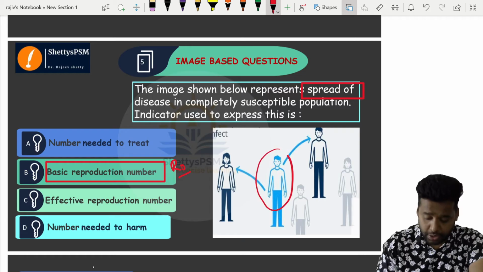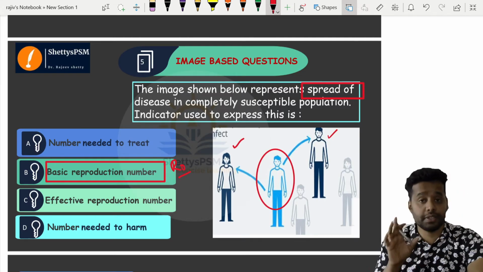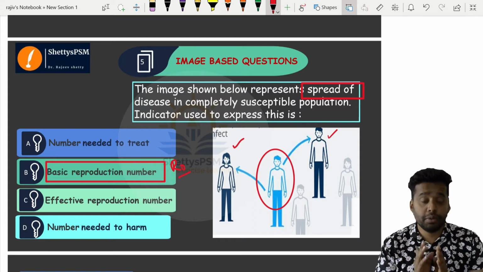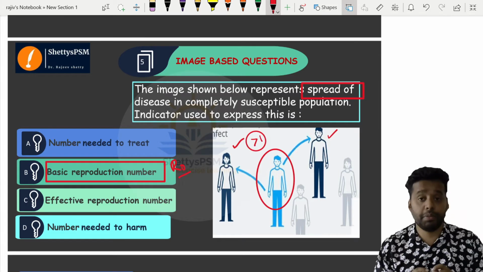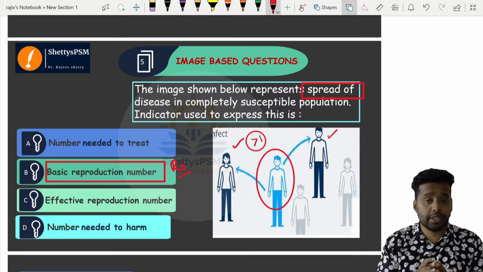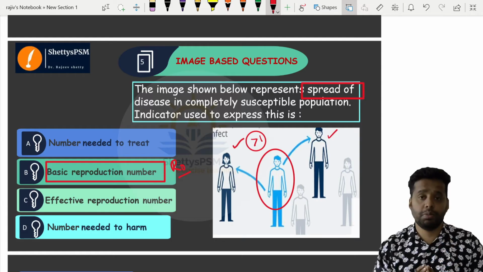For example, one case is leading to two cases in the community when everyone is susceptible. This is an example, and this is the definition of basic reproduction number. If it is more than one, it leads to epidemic. So on an average, one case can produce how many cases in the community in a completely susceptible population.